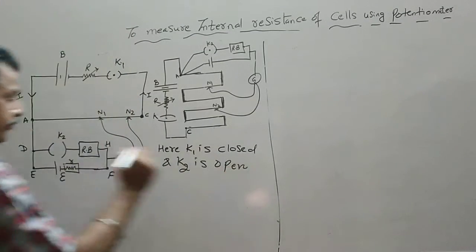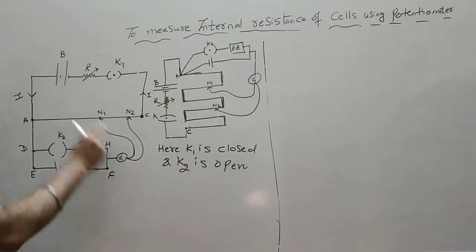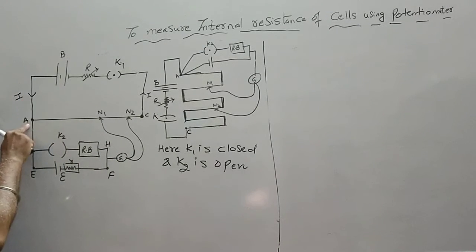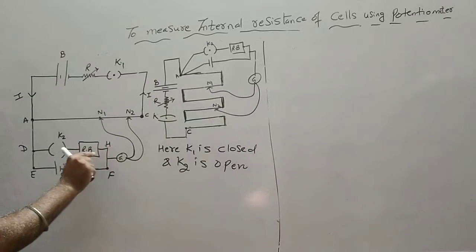Remember, if the galvanometer shows a deflection, the current I at A will be divided into two parts. It will come to D. Again it is a junction, but K2 is open, so it will not go to this point.